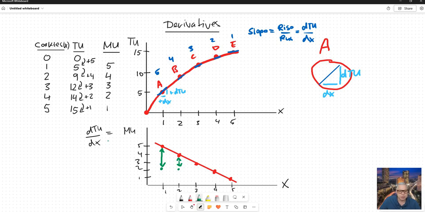For the third cookie, it actually gives me a utility of 3, but I have to pay only 2, so I still get a little bit of surplus. But the fourth cookie gives me exactly as much extra utility as I have to pay for it, so I'm basically indifferent.